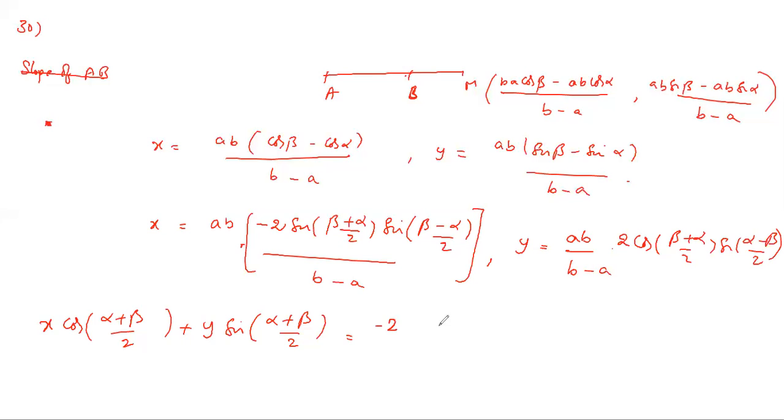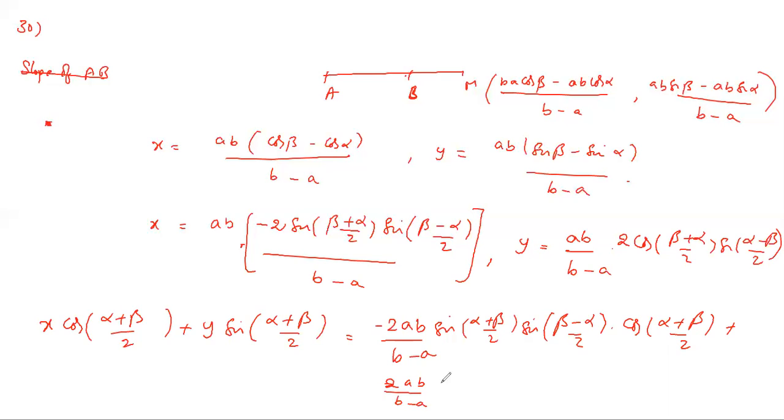Minus 2AB sin beta plus alpha by 2, where alpha plus beta by 2 terms are the same, times sin beta minus alpha by 2 by B minus A, into cos alpha plus beta by 2, plus the second term similarly, 2AB by B minus A into the y value, sin alpha plus beta by 2 with sin beta minus alpha by 2.